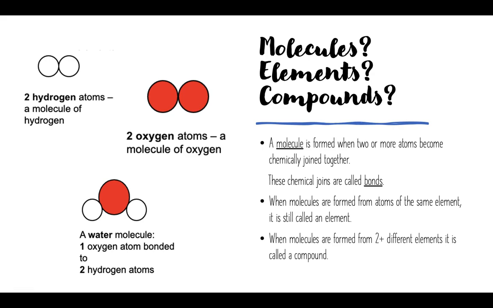These chemical joins are called bonds. Molecules can be formed from atoms of the same element, for example, hydrogen and oxygen. It's still called an element. However, when we have two or more different elements, like in water, where we have oxygen, this red one, and hydrogen, in white, we would call that a compound.